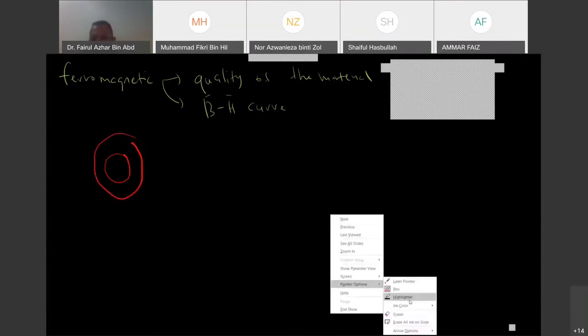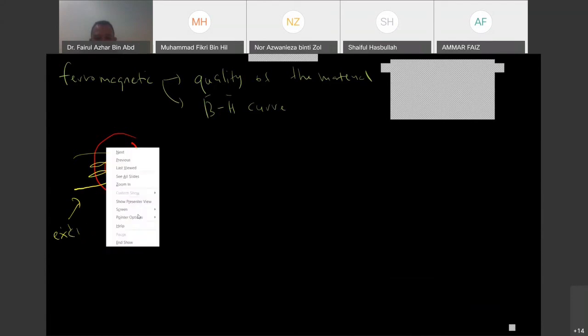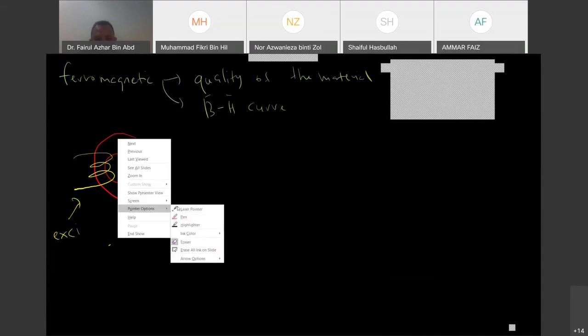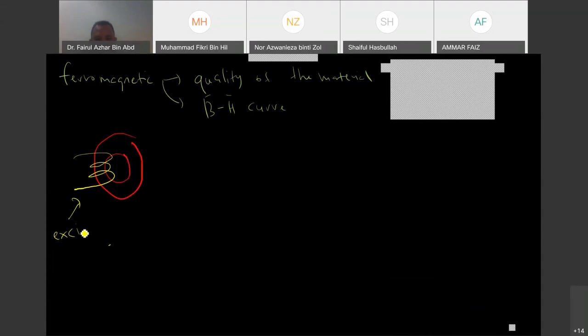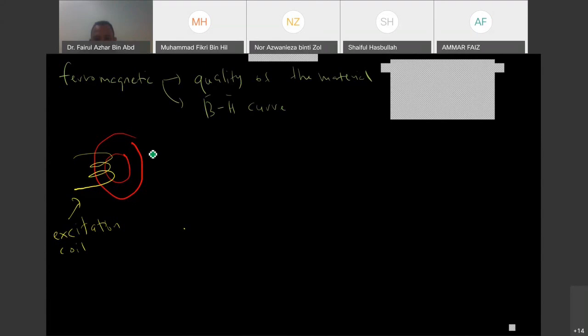Then we make two coils. The first coil we call the excitation coil, and the second coil we rename as the search coil.